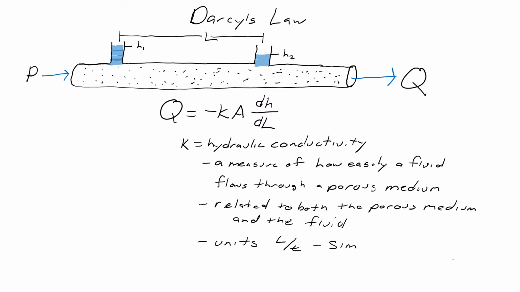So it's a similar unit to velocity, length being meters, feet, whatever, time being seconds, so it would be like feet per second or meters per second. So it's similar to velocity, but it's not the actual velocity. Because remember, water isn't going to move unless you have a pressure differential in your tube.